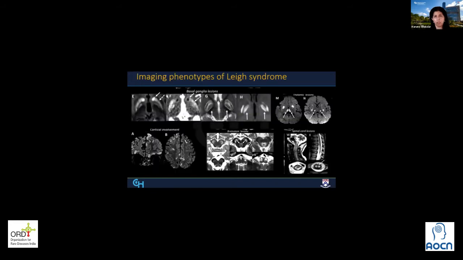So it is not just the putamen, but all portions, not just the striatum, but full portions of the basal ganglia, the thalamus, regions of the cortex, brainstem, as well as the spinal cord, which can get affected. So a vast number of imaging phenotypes can be identified in Leigh's syndrome.